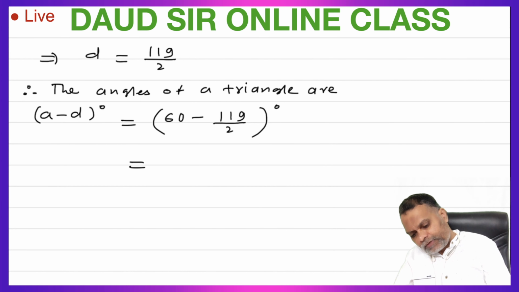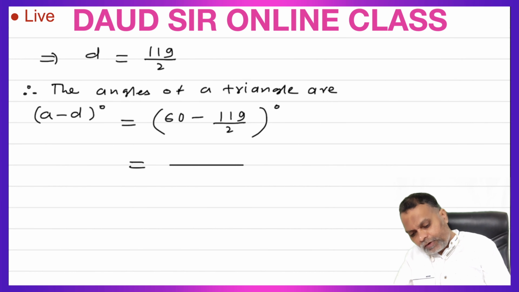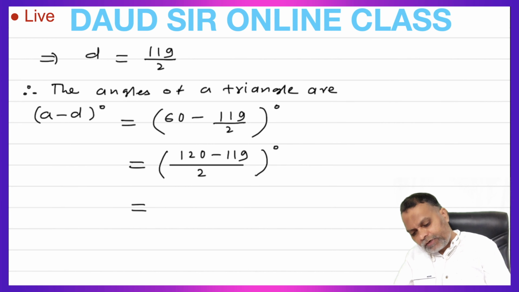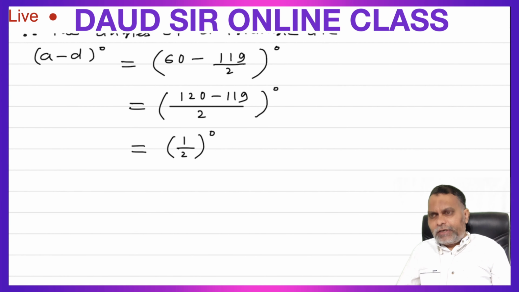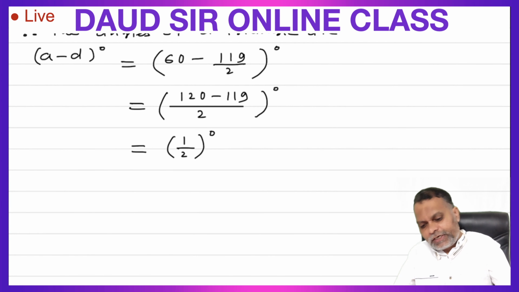Simplify this, LCM 2, 60 into 2 is 120 minus 119 degree, which is equal to 120 minus 119, 1 upon 2 degree. Now we need the angles in radians, so convert this degree into radian.